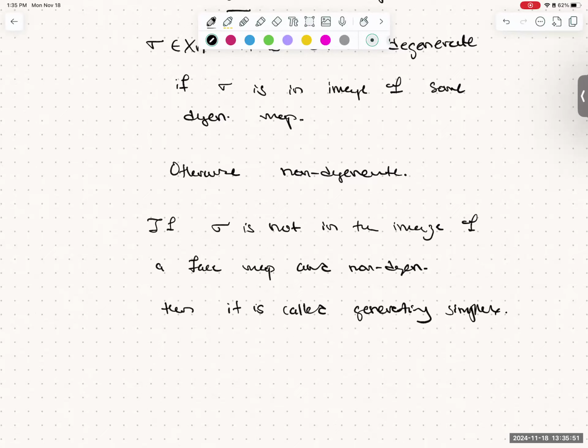As you will see, in order to work with simplicial distributions in a concrete manner, we can restrict ourselves to collections of distributions defined on these generating simplices.